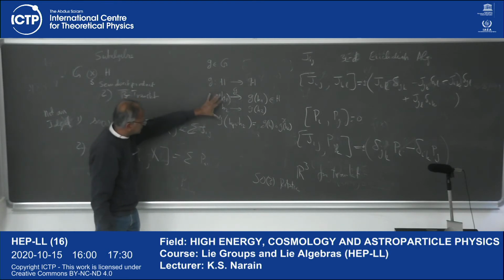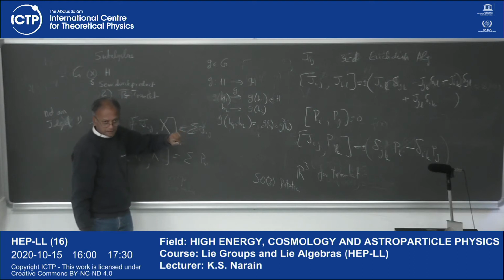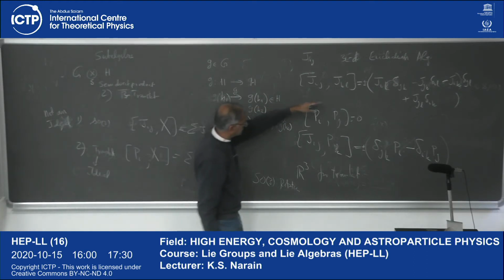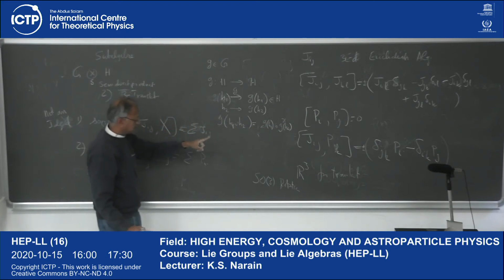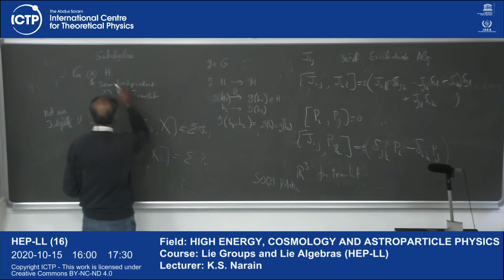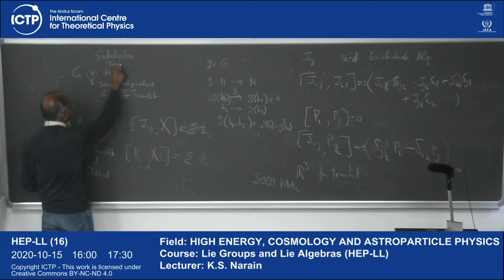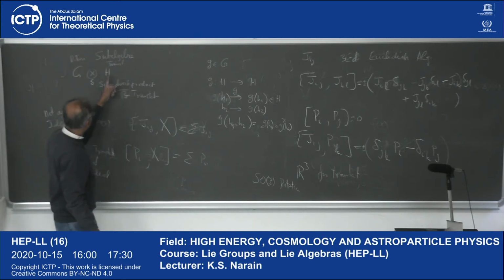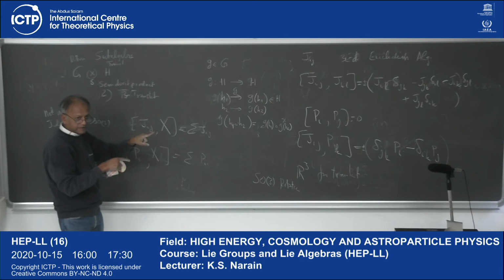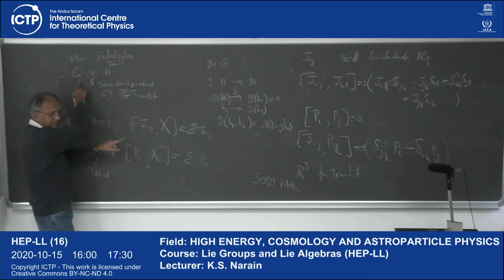So the statement is that suppose such an automorphism exists. And this happens in this case, because if you think of this group as the translation group in our example, and this group as the rotation group, this is indeed true. What is this map? Given any rotation here, I can define a map on the translations. A translation will be some vector in three dimensions. You just rotate it by that element. That is the automorphism we're talking about.